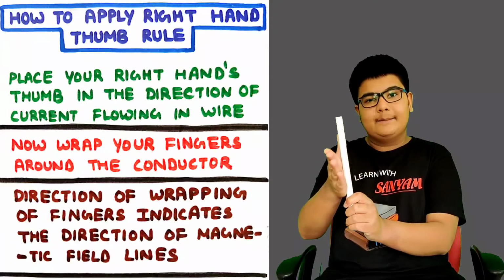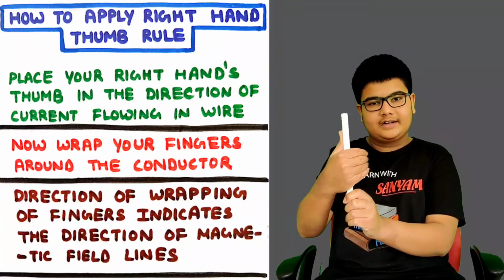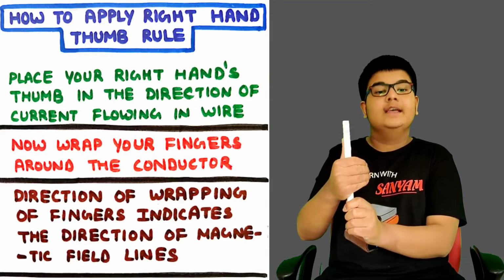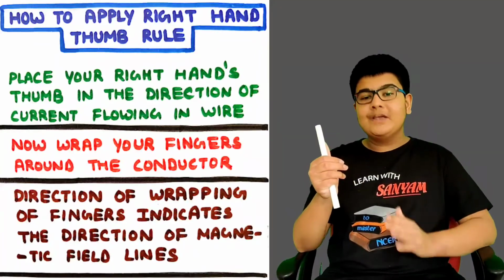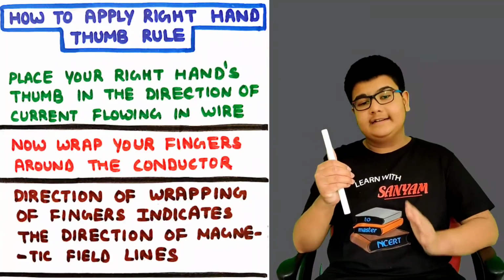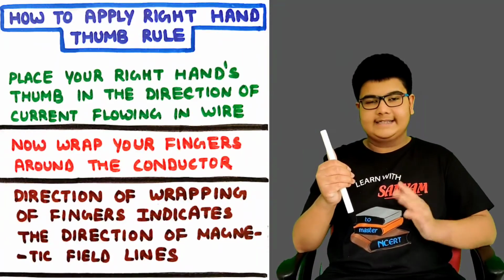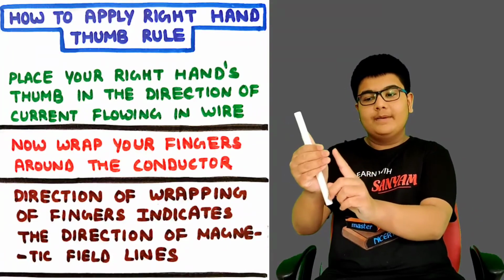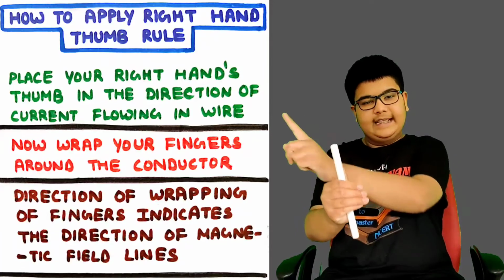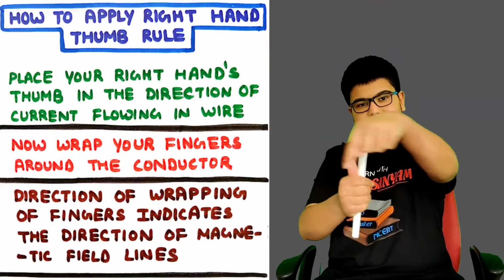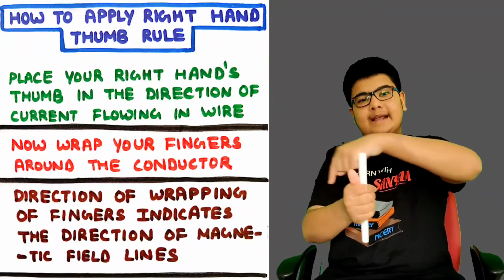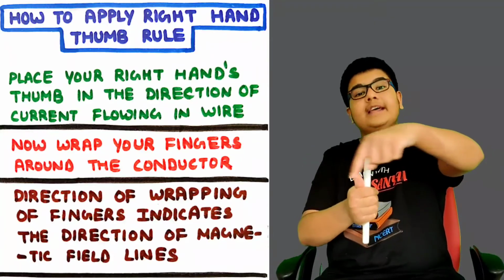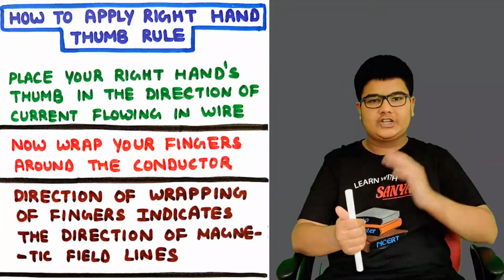So here I am wrapping my fingers around the conductor like this. So the direction of the wrapping of fingers indicates the direction of magnetic field lines. So this means that magnetic field lines will be formed in the anti-clockwise direction.